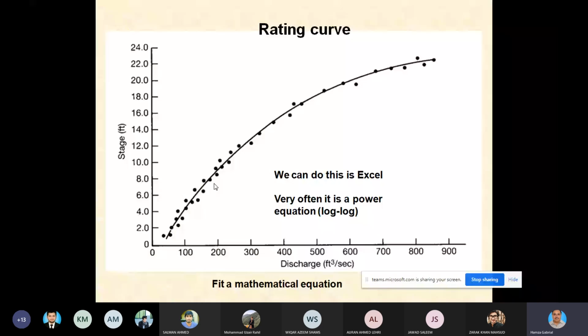Stage on the y-axis and discharge on the x-axis. So यहाँ पर कोई भी स्टेज के अगेंस्ट डिस्चार्ज निकाल सकते हैं। But during a flood, this rating curve will not be helpful because the stage may be more than that. तो वहाँ पर आपको फिर आगे जाके हम देखेंगे either you have to extend this rating curve or you have to employ some other methods.